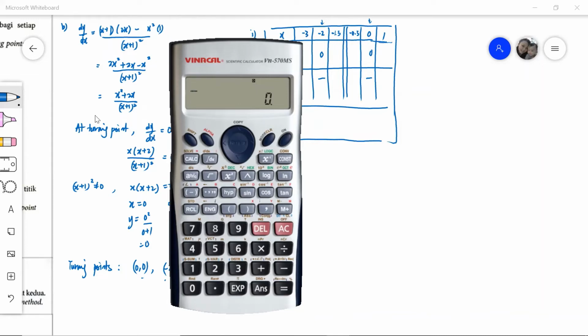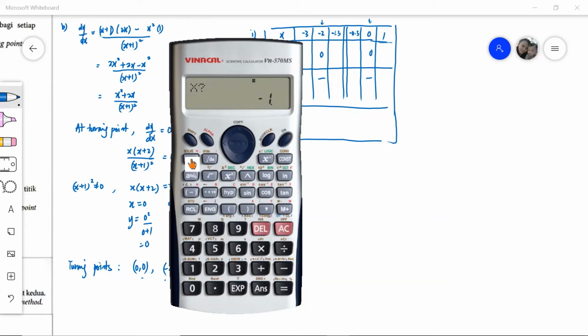So we call the variable x: bracket alpha x squared plus 2x, press alpha, close bracket, then fraction, and then alpha x plus 1, and we square the whole thing.